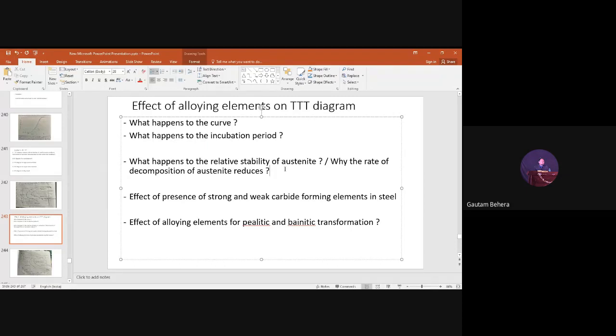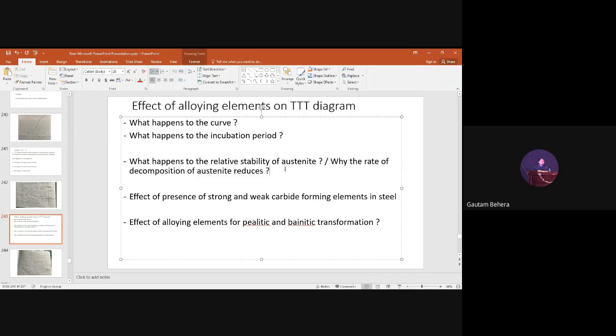This is because most ferrite stabilizers are carbide forming elements. They form alloy carbides, and if you remember, alloy carbides are very stable compared to cementite, or iron carbide. So dissolution will take more time, obviously, and if you want a transformation, then diffusion of carbon atoms is needed.